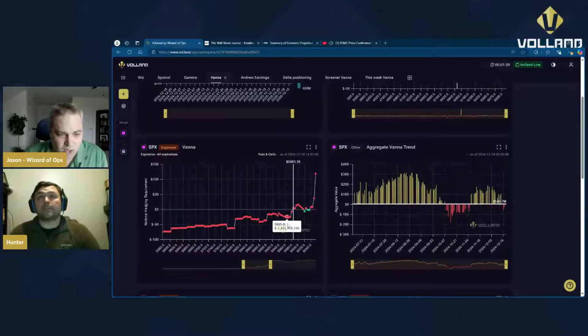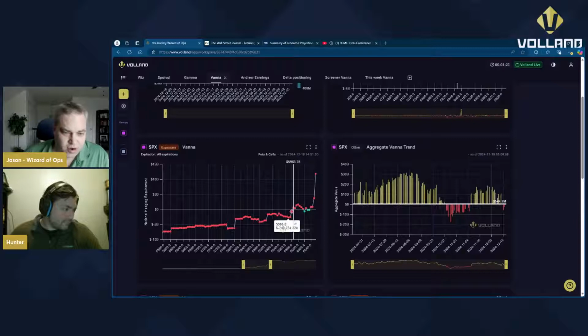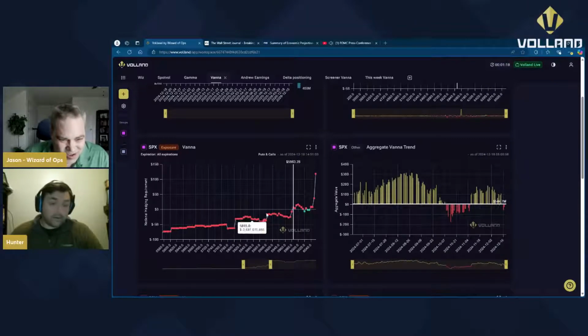Wow, VIX is almost 18. Something about this little area. I don't know why they're buying 87s, 85s, 83s on SPX. I mean, there's no support here, dude. I'm not playing it.